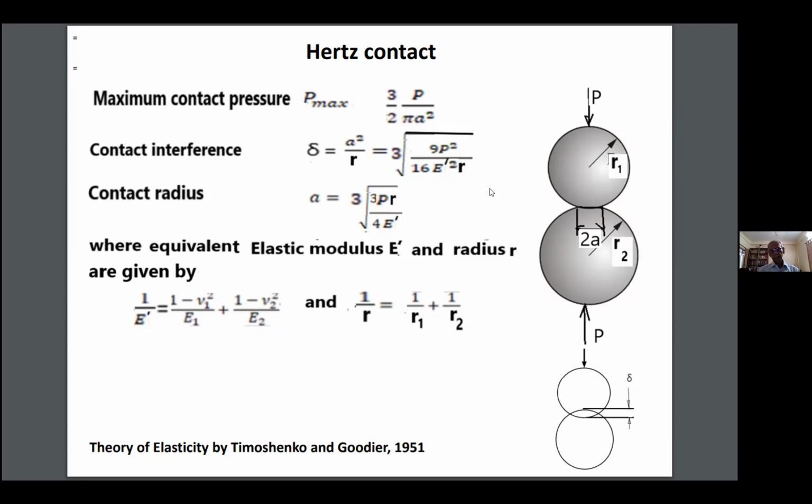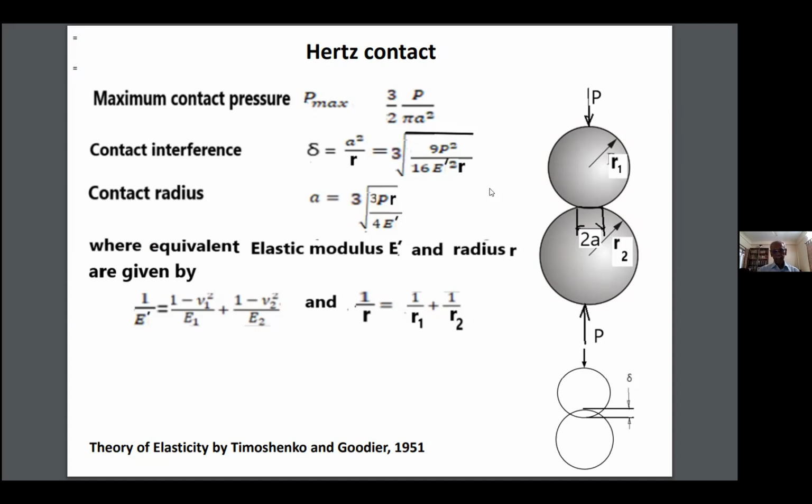And delta, the deformation, is given by the cube root of 9P square by 16 E dash square R, E dash being the equivalent modulus and R being the equivalent radius. And a, the contact radius, is given by the cube root of 3PR by 4E dash. Again here, R is the equivalent radius and E dash is the equivalent elastic modulus.